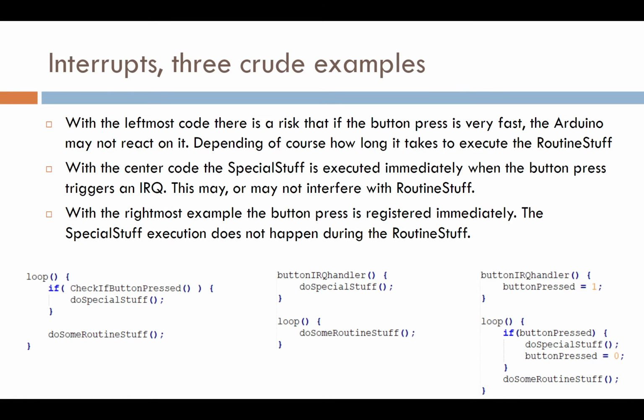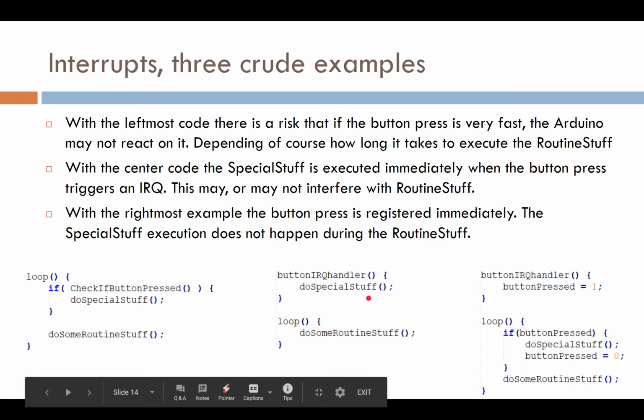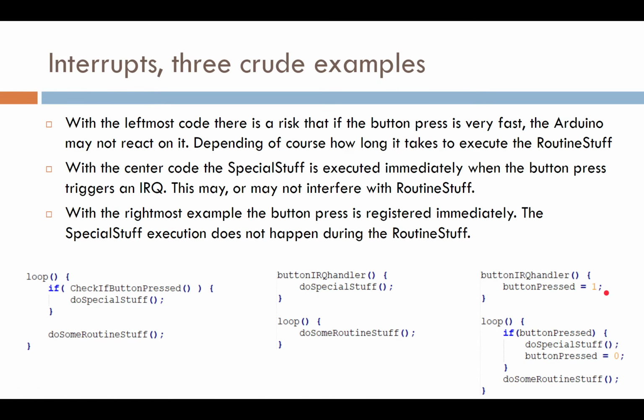Use interrupts, and avoid doing big stuff inside of the IRQ handler. Do as little as possible, which is setting a global variable. I call them flags. Set a flag and then let the main routine, the loop, do all the hard work.